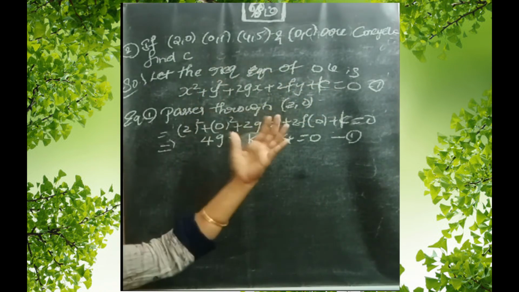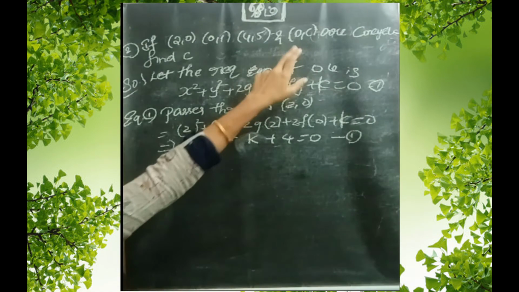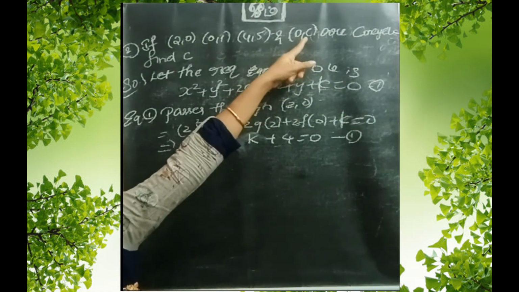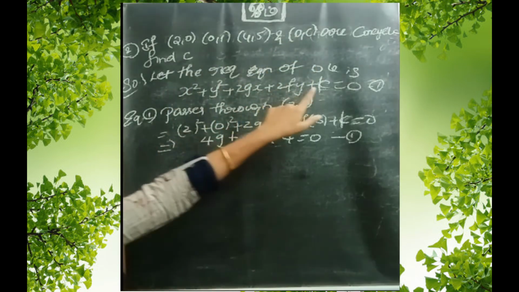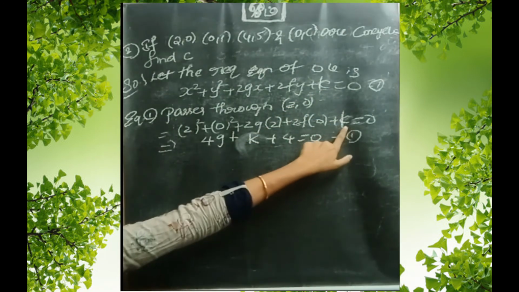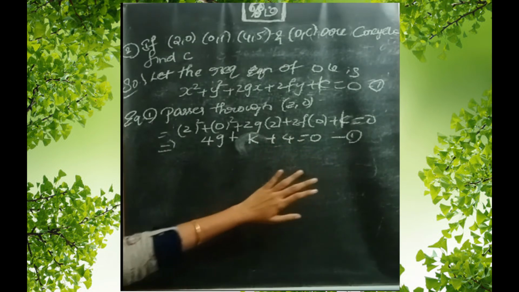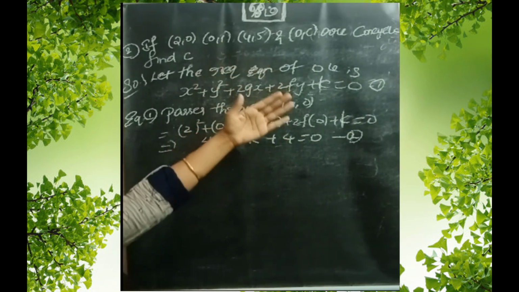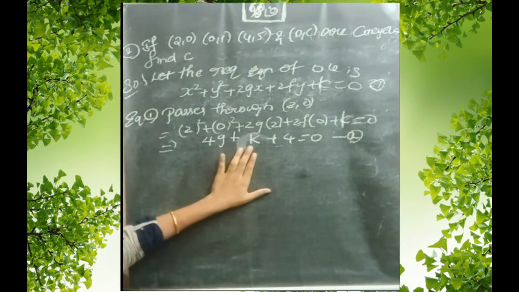Because you can take the constant as whatever variable you like, to not confuse. This c is what we have to find out, so they have given the c value. To not confuse, I have taken the constant value as k. So here also k will be there, and 4g plus k plus 4 equals 0, which is our second equation. Don't confuse, you can write c also. That's your wish. To not confuse, I have written k here.